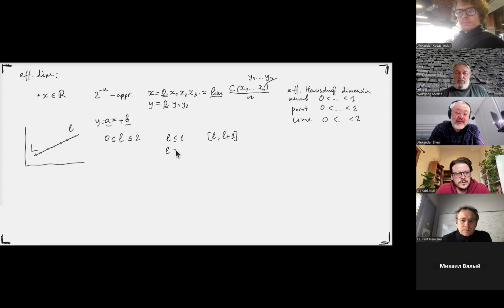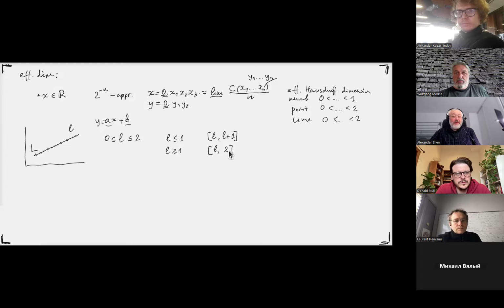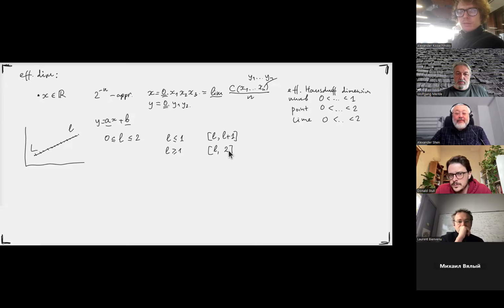If L is greater than 1, then L plus 1 becomes too big, and so we get all values in the interval between L and 2. The statement is that this holds for any line of dimension L: the interval of possible values of complexity is exactly this.